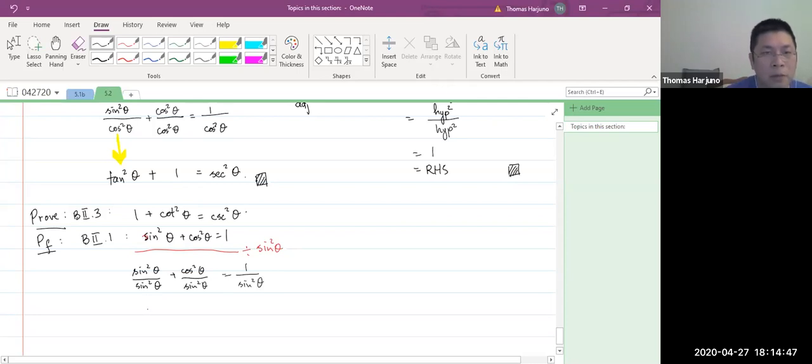The first term becomes 1. The second term becomes cotangent squared theta. The last term becomes cosecant squared theta. Okay.